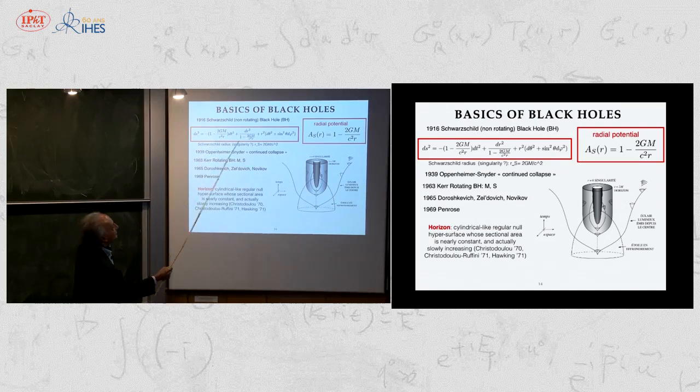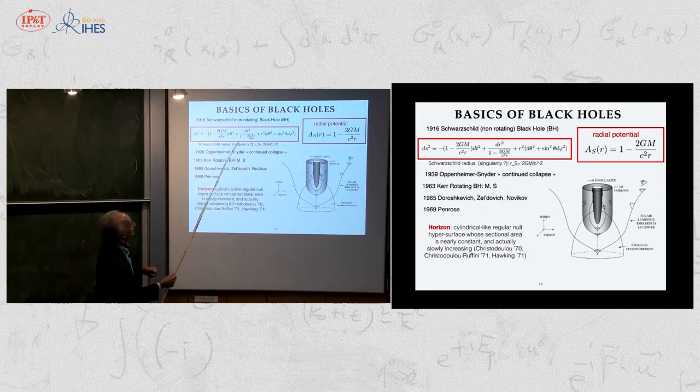He found this first solution, an exact solution of Einstein's equation. At the time, he was looking for a spherically symmetric solution corresponding to a point mass. That will be important in the following.